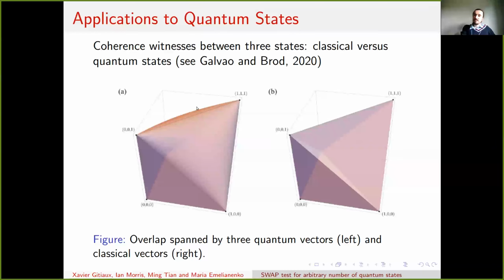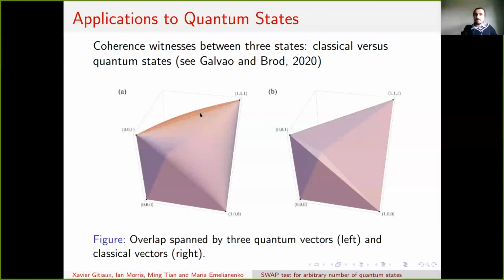So all the ones on the right are coherence-free vectors, and the ones on the left that are not contained in the one on the right are actually the ones that show coherence. And so we can say that looking at these points that are in the part that is quantum but not classical gives us a test for whether you have coherence-free vectors or not.